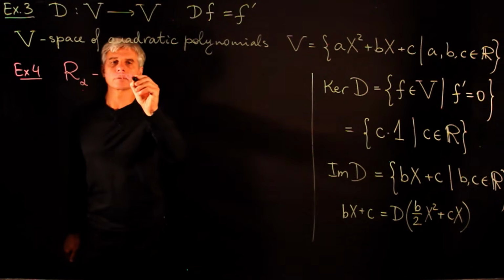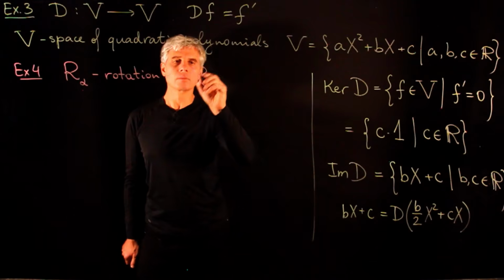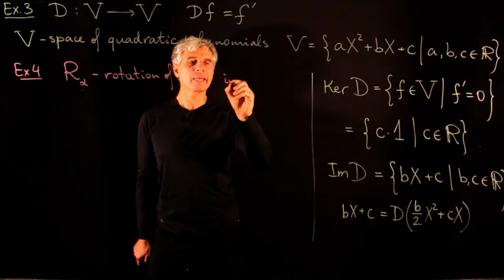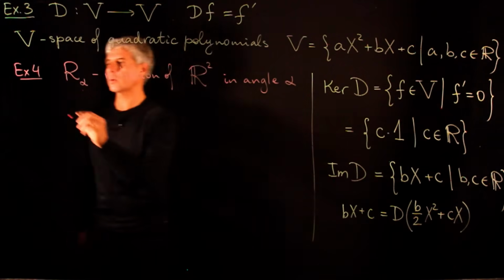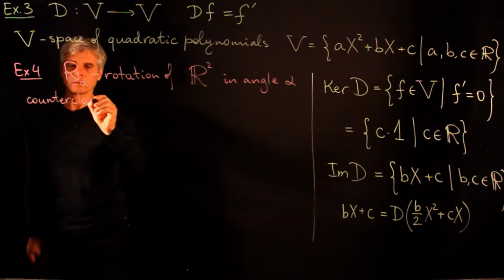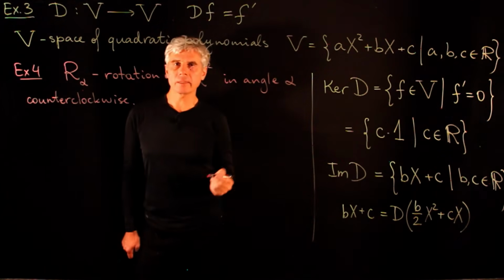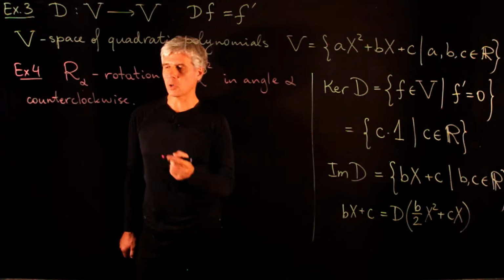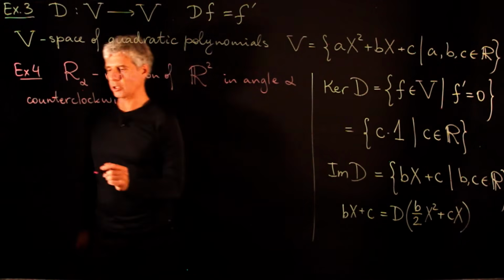For our next example, let's consider R alpha, the rotation of R2 by angle alpha counterclockwise. Now, again, let us determine the kernel and the image of this linear transformation.